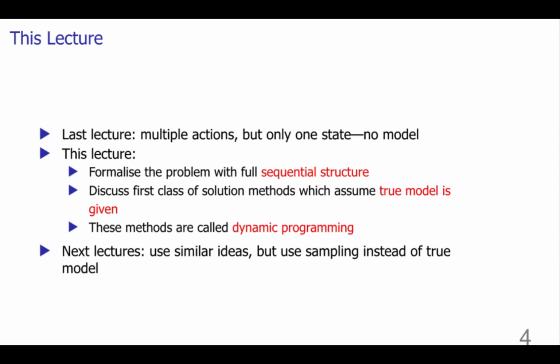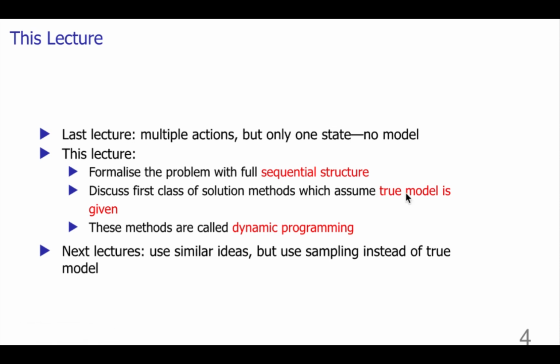Such sequential traversals and analysis of the expected reward will be done in this class. So we simply formalize the reinforcement learning problem as a problem with full sequential structure. We start from some state and we continue traversing until we reach the goal state or until some threshold or episode end is reached. Okay, that's the first thing.